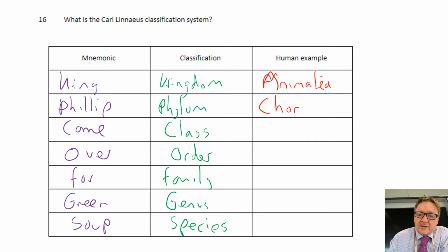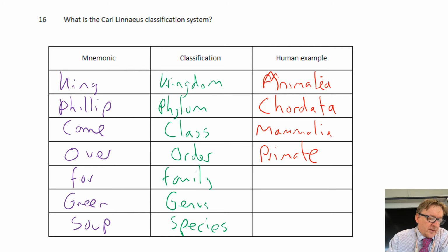We are then in the Chordata phylum, which means we've got a backbone. We are then Mammalia, which means we're mammals. We are then primates. We are then Hominidae, which is the kind of the next name, it's like the family that we're in.